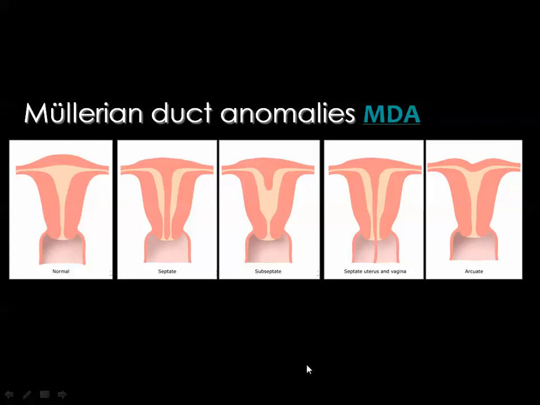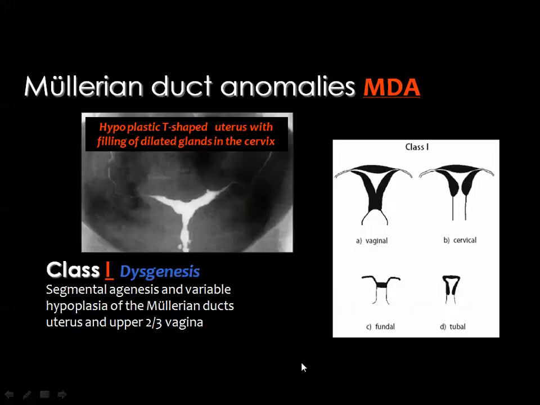We start by group 1 or class 1 uterine anomalies, which are known as dysgenesis of the uterus. And here you have agenesis or hypoplasia of the uterus, as well as the upper two-thirds of the vagina.